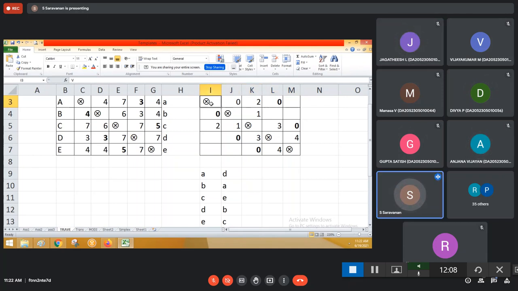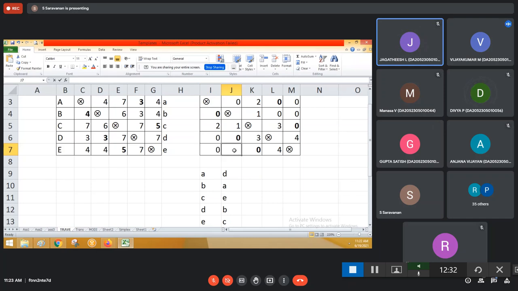So what I'll do is start assigning again, solving this problem again. Which is the next least number? The least number is 0, right? What is the next least number? 1.